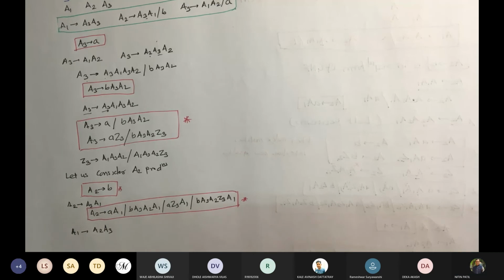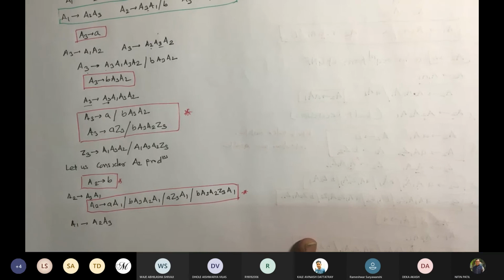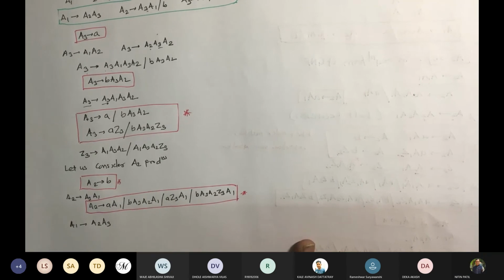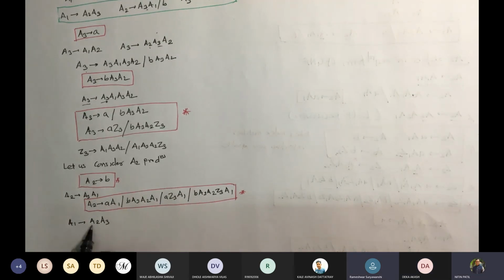A2 A3. फाइन. अभी A2 के कितने वैल्यूज आपके पास? काउंट करो. A2 के कितने वैल्यूज हैं? 5 है. 1 2 3 4 5. सो ये 5 यहाँ पर डाल देंगे तो क्या हो जाएगा?